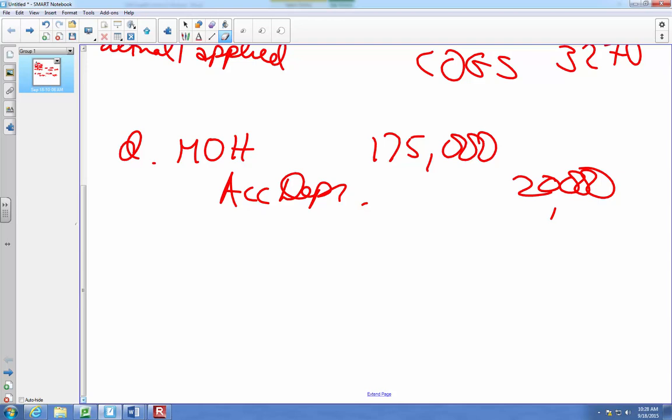Another 100,000 of that were just invoices that I got. AP. If we would have done MOH 175, accounts payable, sure. That's what I did. The other 55,000 is insurance that I had previously prepaid for a year.